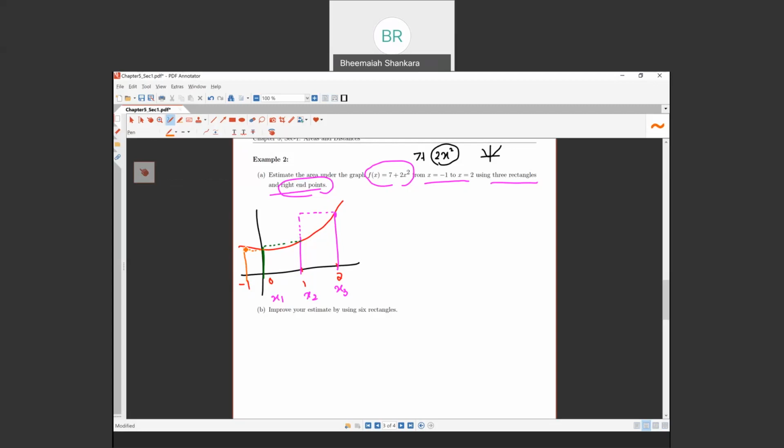You are leaving out some area on the top. So you want to write this as S sub 1, the first rectangle, S sub 2, the second rectangle, S sub 3, the third rectangle. So this curve here is f of x equals 7 plus 2x squared.